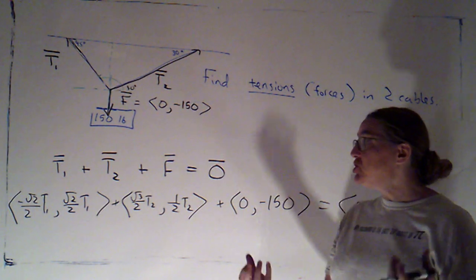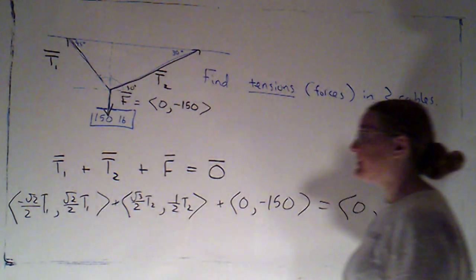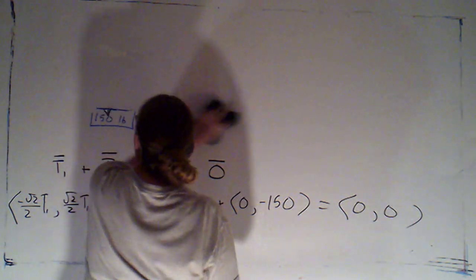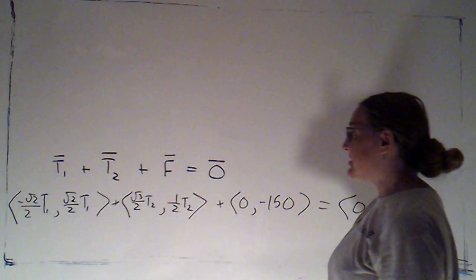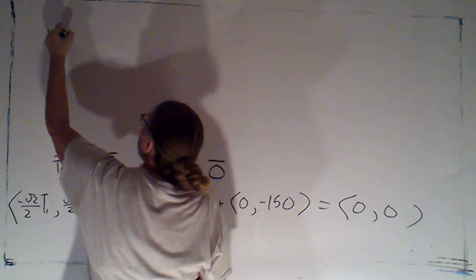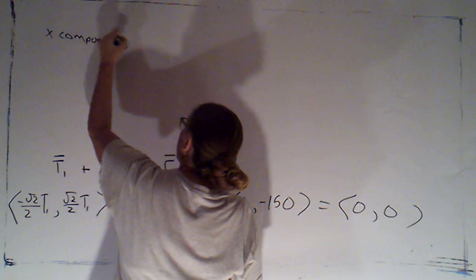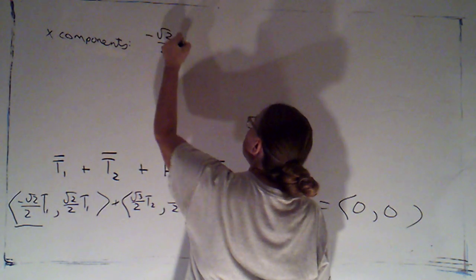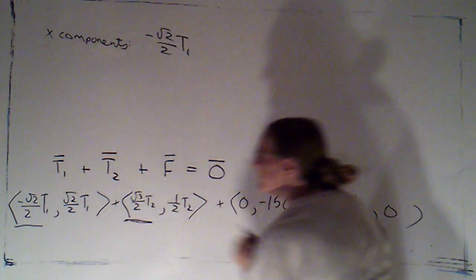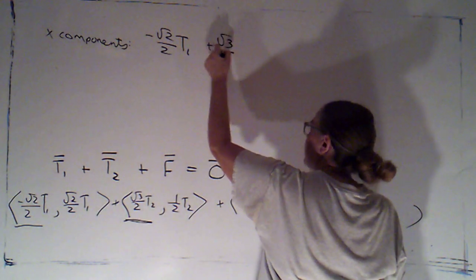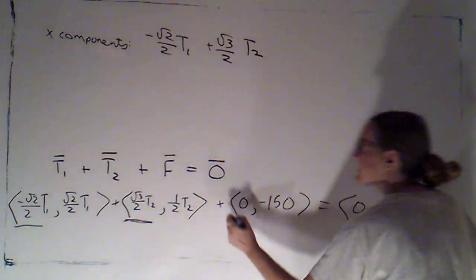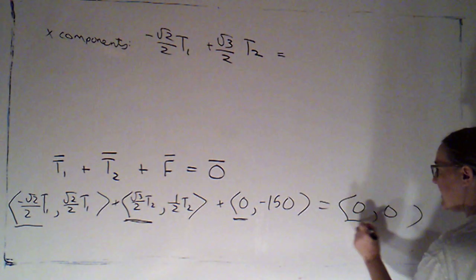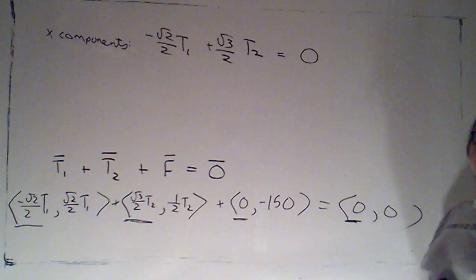So that's going to give me 2 real valued equations. I'm going to have a system of 2 equations in 2 unknowns, where the 2 unknowns are the magnitudes T1 and T2. So if I look at just the x component, the x component here is negative root 2 over 2 T1, plus the x component here is root 3 over 2 T2, plus the x component here is just 0, and that's got to equal the x component here, which is 0.